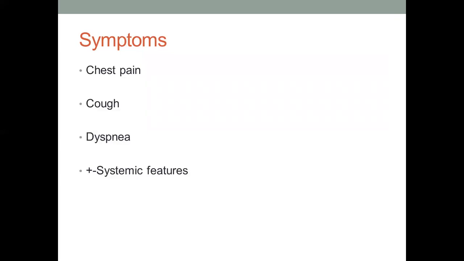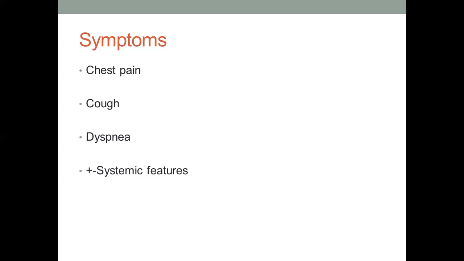So what will be the symptoms of pleural diseases? Pleural diseases can present with chest pain. If the onset is sudden and acute, that will be pneumothorax, or if gradual onset, then you can think of pleural effusion. Similarly, the patient can present with cough and difficulty in breathing.